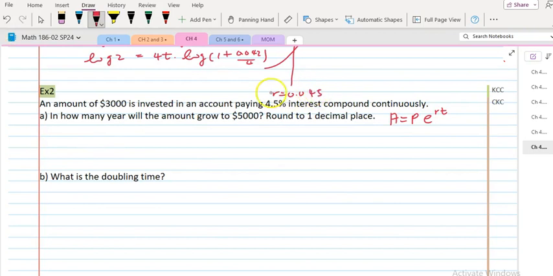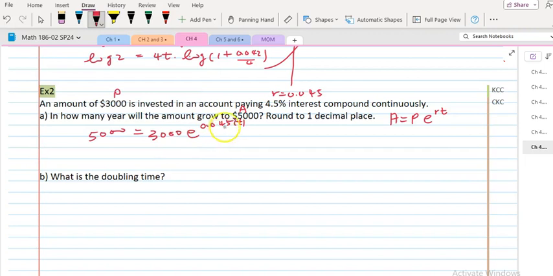This is a larger one. This is the initial P, this is A. So we set up the equation as 5,000 equal to 3,000 e to the 0.045 times t.